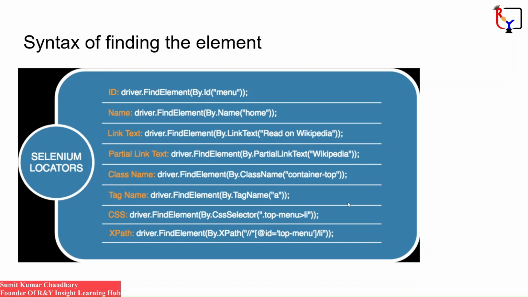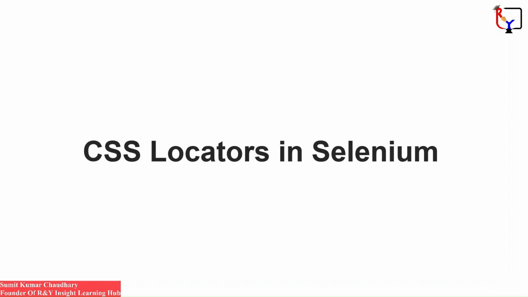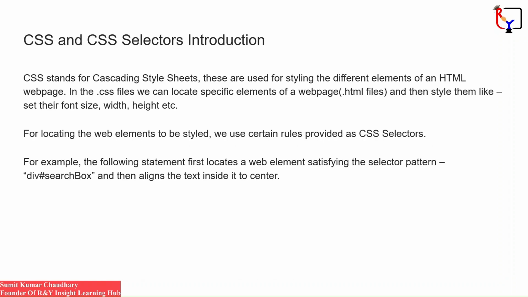We will understand it practically. So we have CSS locators in Selenium. CSS stands for cascading style sheet. They are used for styling the different elements of an HTML web page.